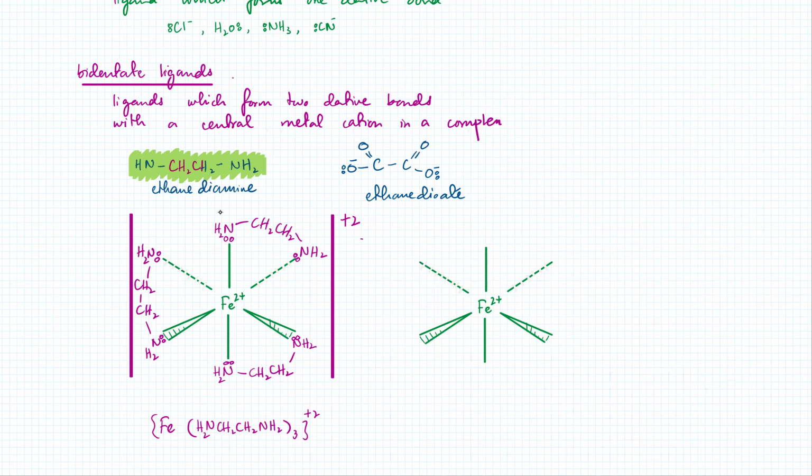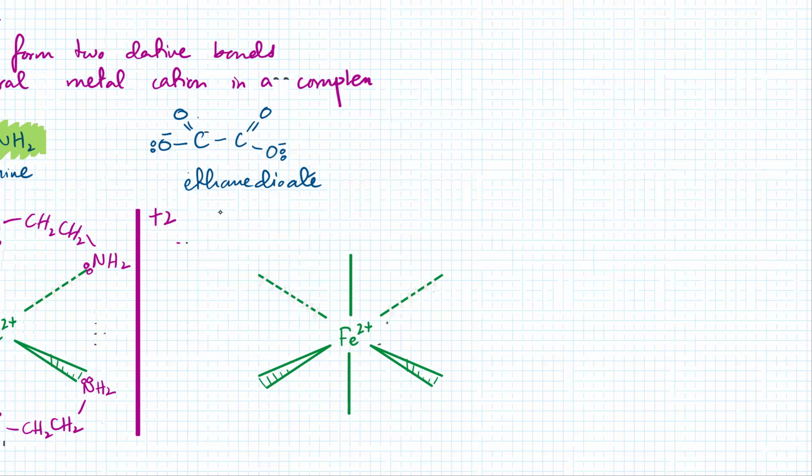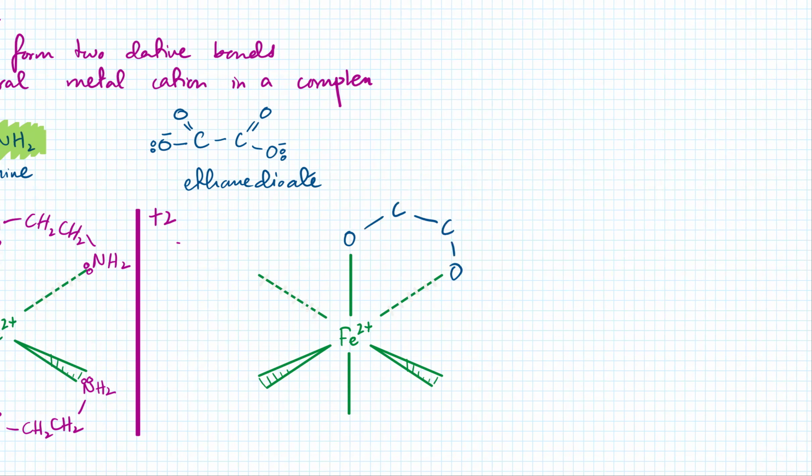It's the same with the other one, ethanedioate. You're going to do exactly the same thing. So with ethanedioate, the complex would form, and you will have O and C, with a double bond to O, and a double bond to O. This side is -1. This side is -1. So that's one ethanedioate getting attached to it.